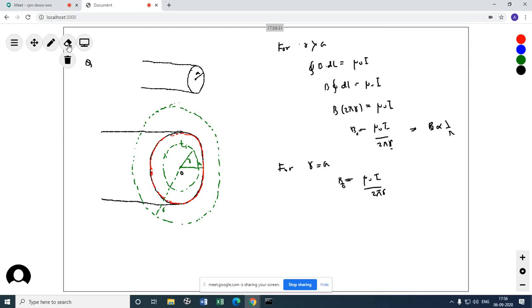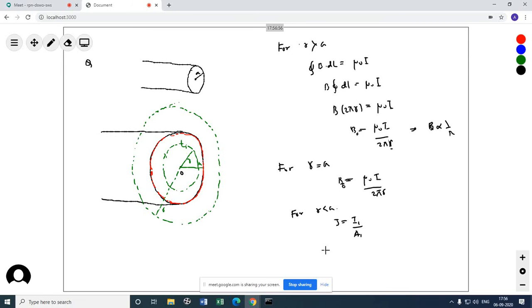Yes, sir. Now what about the inside? For R less than A, now the current is not the same. J would be the current density, I by area.